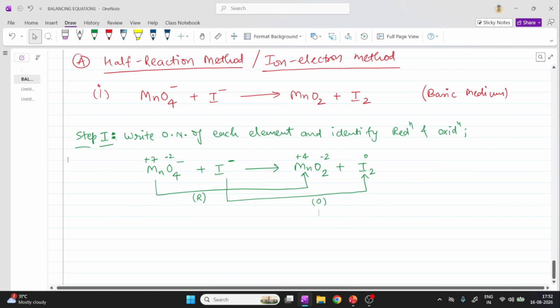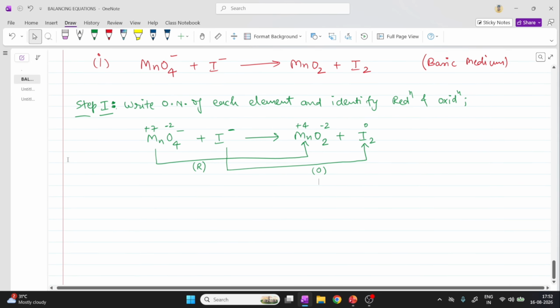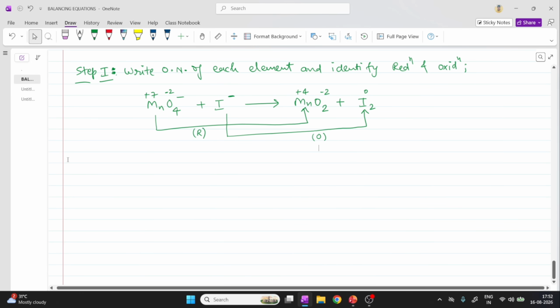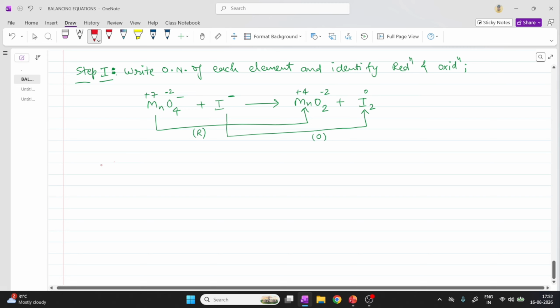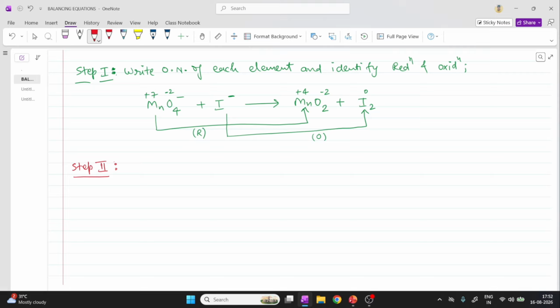So this was the first step: write the equation, calculate the oxidation number, and then identify oxidation and reduction. Now I'm writing the second step. Step 2. Since this method is the half reaction method or ion electron method, the second step is to write half reactions.